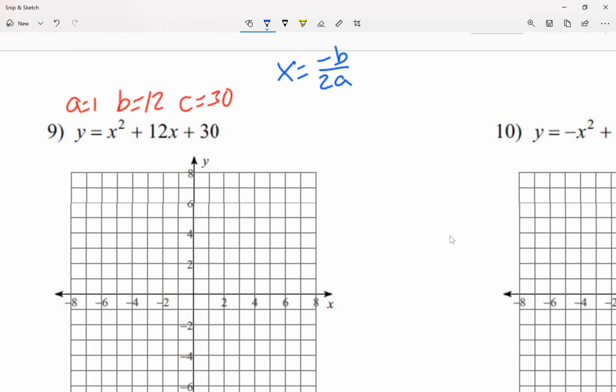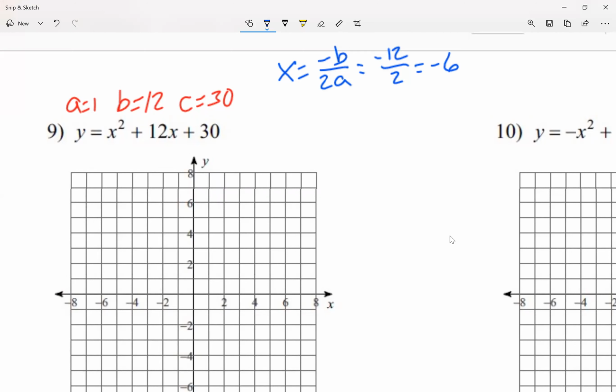I know my b in this case is 12, so negative b, I'm going to call this negative 12. I know a is 1, so 2 times 1 is 2. And then negative 12 divided by 2 is negative 6. So I know part of my vertex. I know the x value.